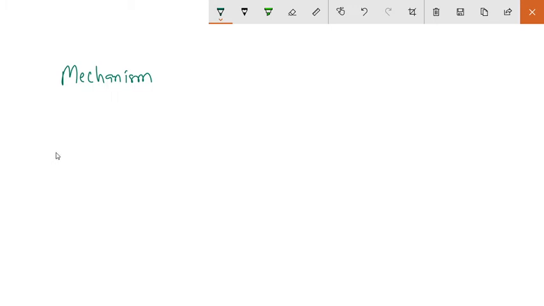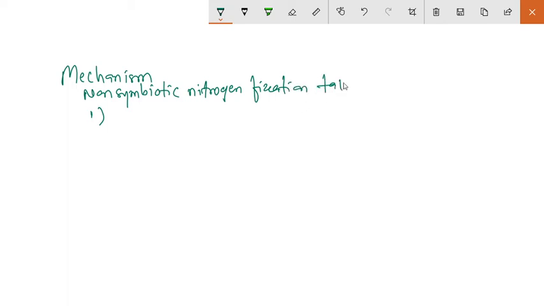So nitrogen is reduced by the electron of water. म्हणजे जिथे या ठिकाणी असोसिएशन नसतं, ते फ्री लिव्हिंग असतं. सो नॉन सिम्बायोटिक नायट्रोजन फिक्सेशन takes place by the number 1 Cyanobacteria, or which are also known as the photosynthetic bacteria.